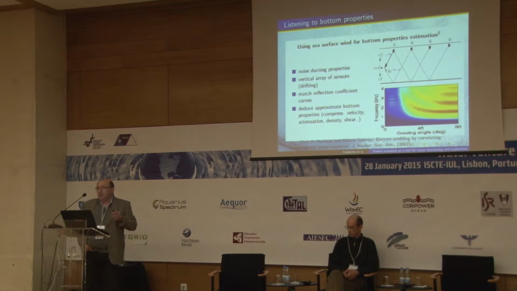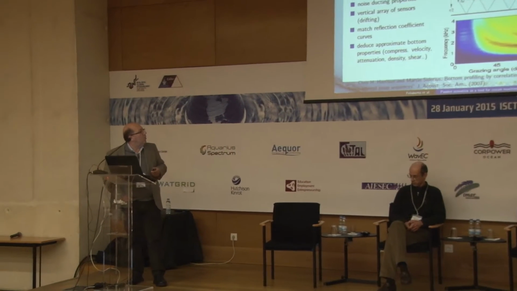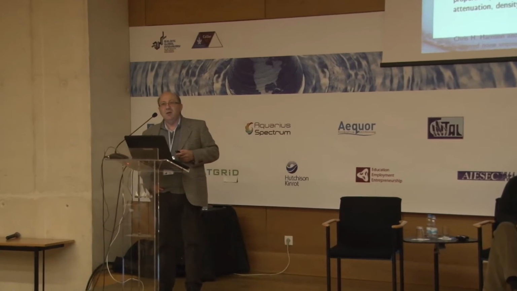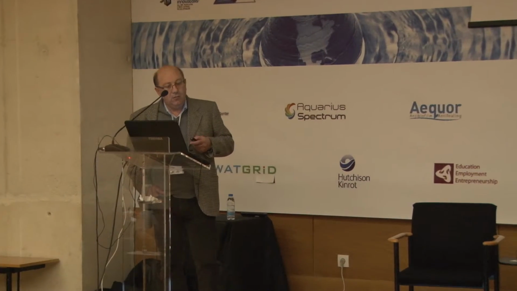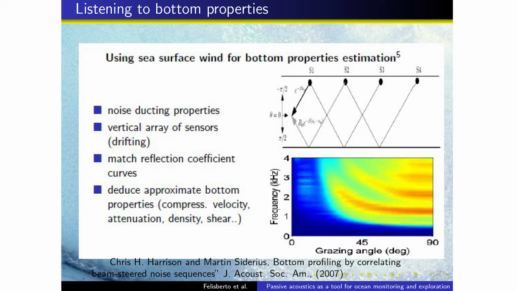But you can also get a picture of the bottom, the layer structure of the bottom, using noise. In this case, this is work from Chris Harrison, which used wind noise, surface wind, to get the number of layers and the structure of these layers, this kind of materials.